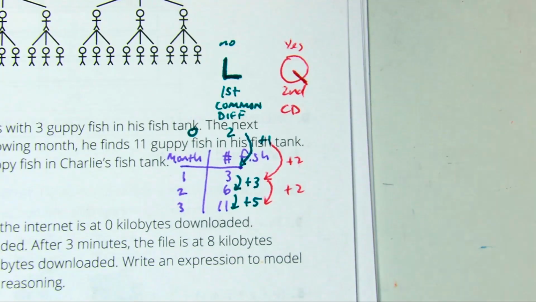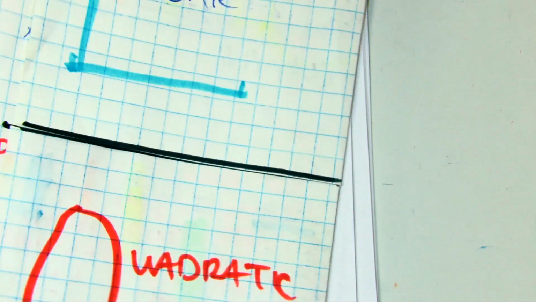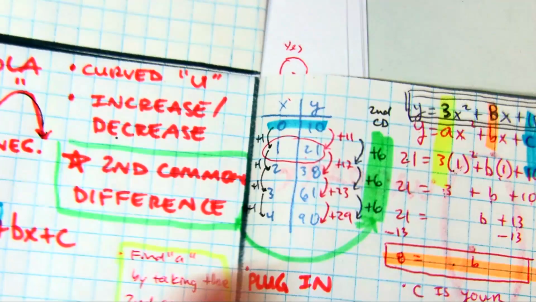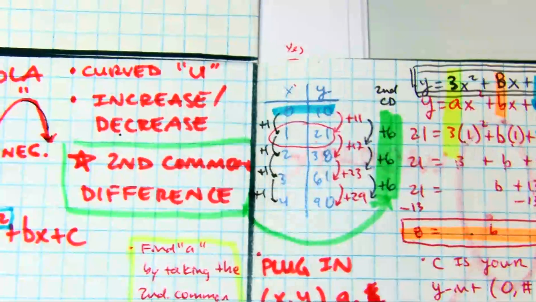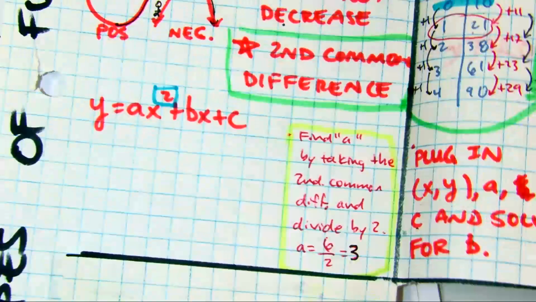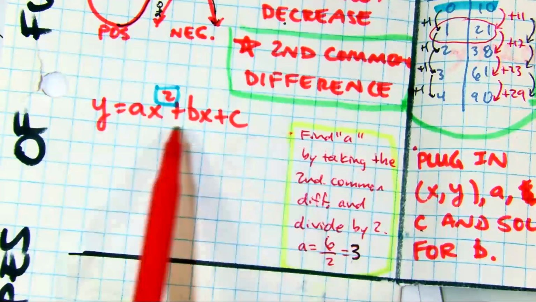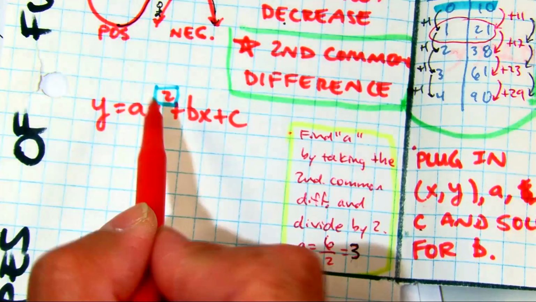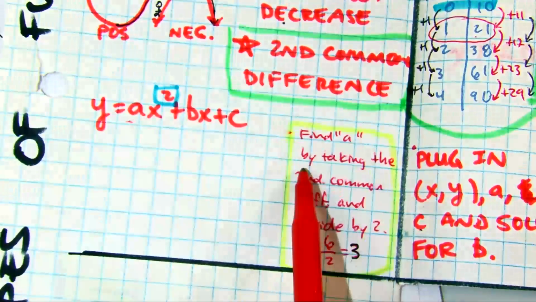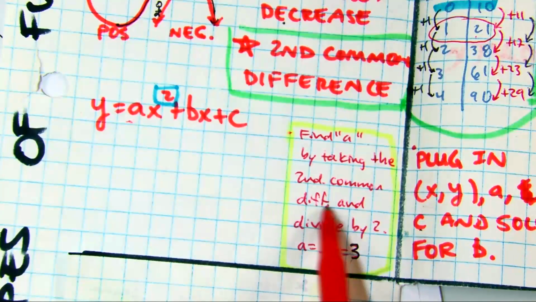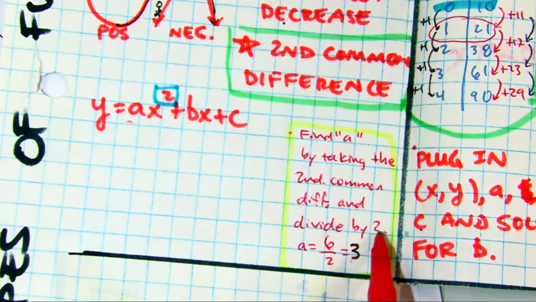What does the quadratic family tell us? Well, once you create your graphic organizer, you have standard form. Nope, you can just use regular paper. And to find this A value, it tells us find A by taking the second common difference and divide it by 2. Let's do that.